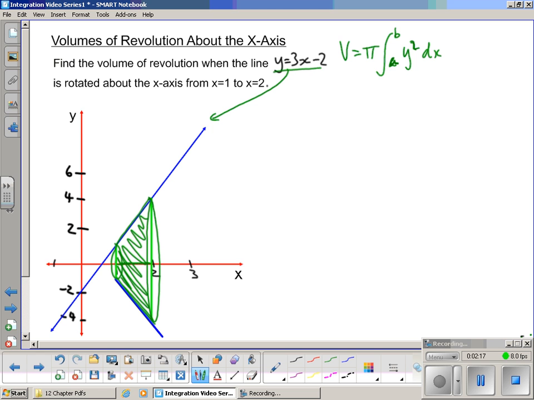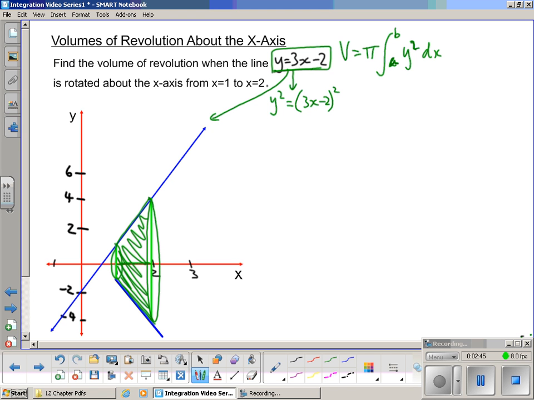Now, what we want to do is rearrange this line equation, y equals 3x minus 2, to get an expression for y squared. We've got a y equals expression already. If we square the left-hand side, we'd better square the right-hand side, and do it fairly carefully. It's not too hard to turn a y expression into a y squared expression by just squaring both sides.